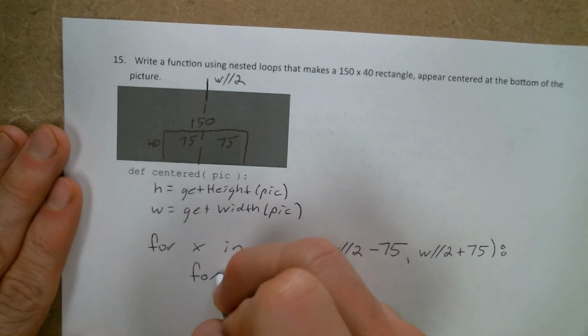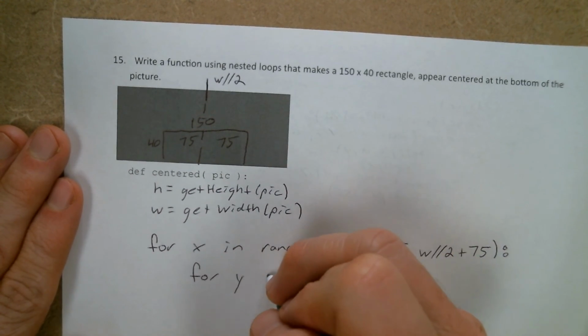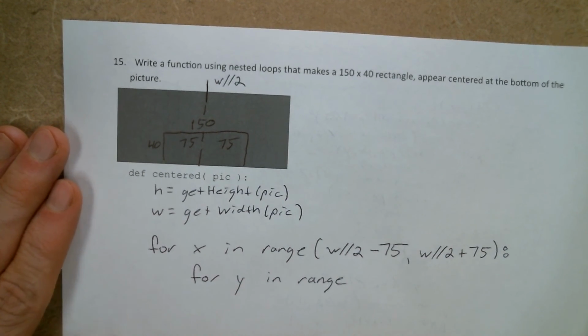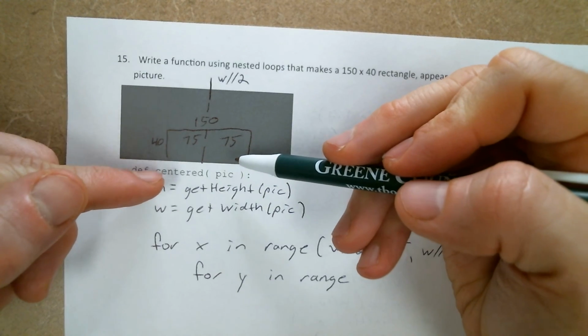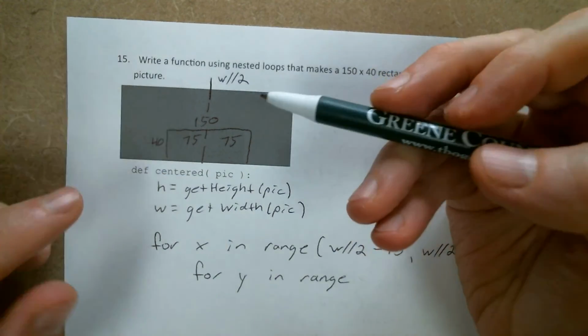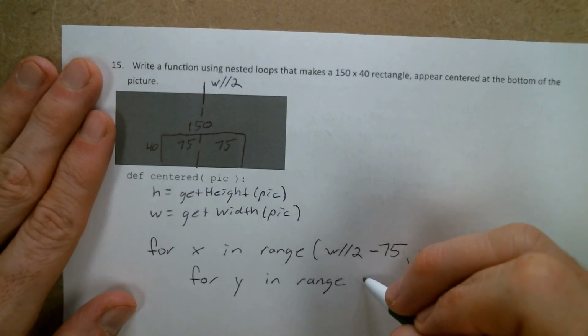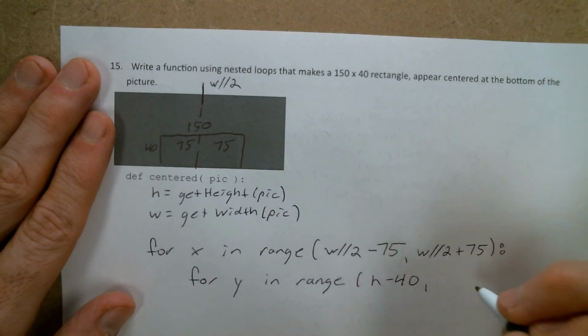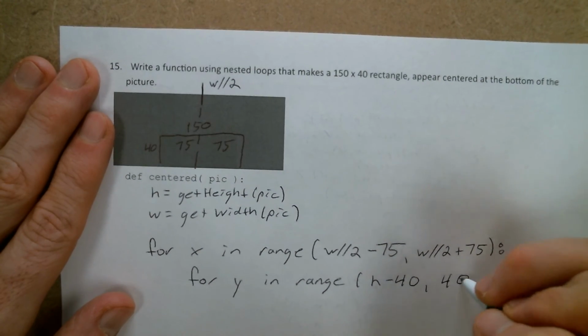Now, the y tells us that it wants us at the bottom of the picture. So if we know the bottom of the picture is the height, we just want to go 40 up from that. So we're going to start at h minus 40, and we're going to go to h.